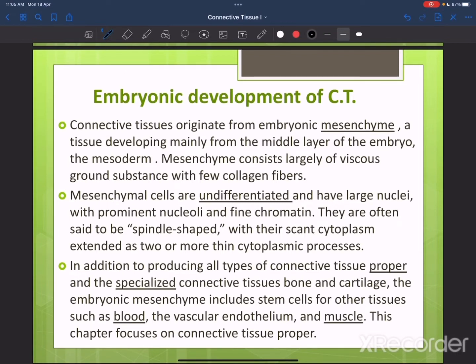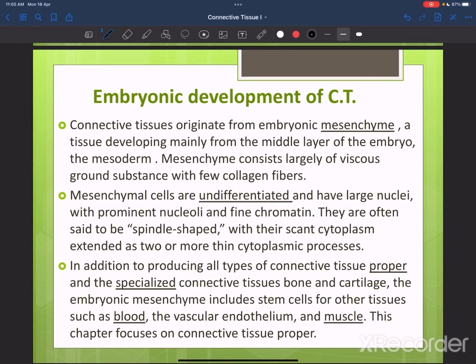Mesenchymal cells are undifferentiated cells from which mostly all the cells of connective tissue arise. These cells have a characteristic feature of large nuclei, prominent nucleolus, and fine chromatin inside them. They are often spindle-shaped, with their scant cytoplasm extended as two or more cytoplasmic processes.